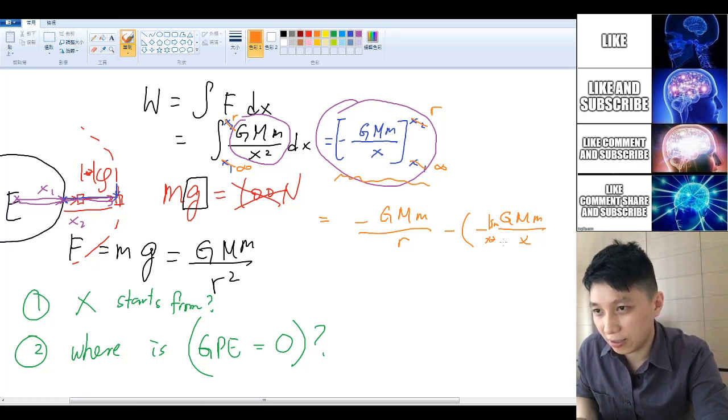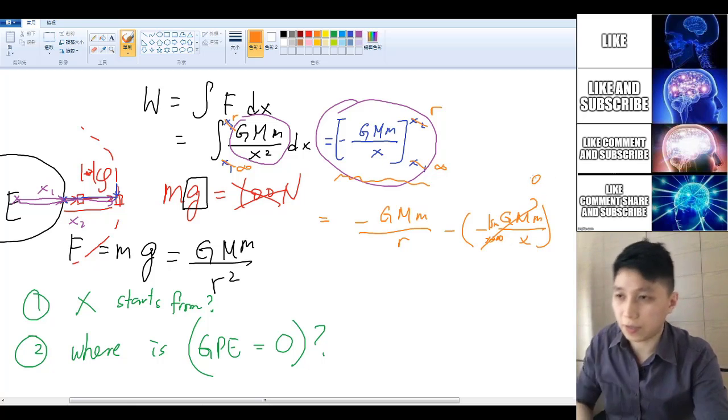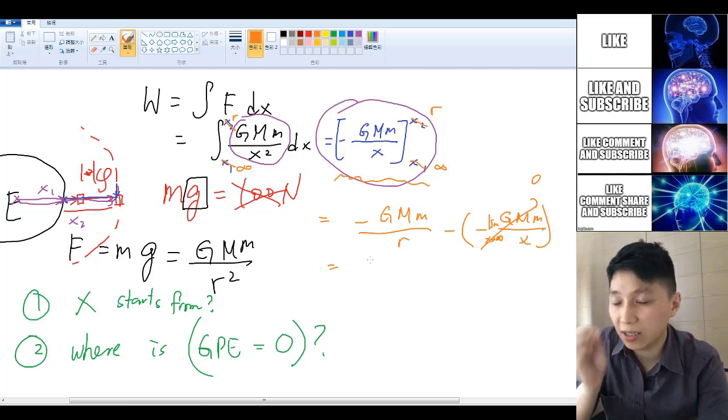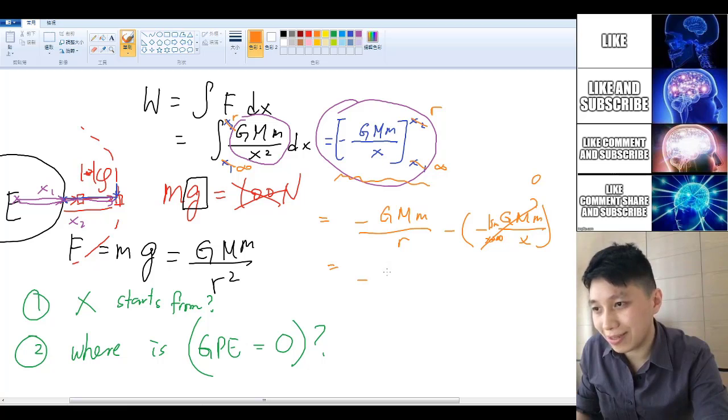So x tends to infinity, and in fact this is going to be 0 anyway. And that means the GPE at a particular position is going to be negative G big M small m over R.